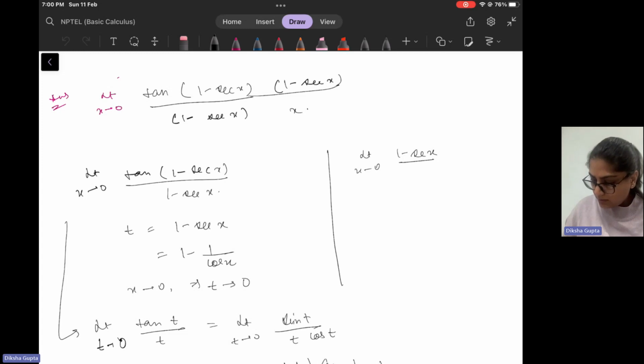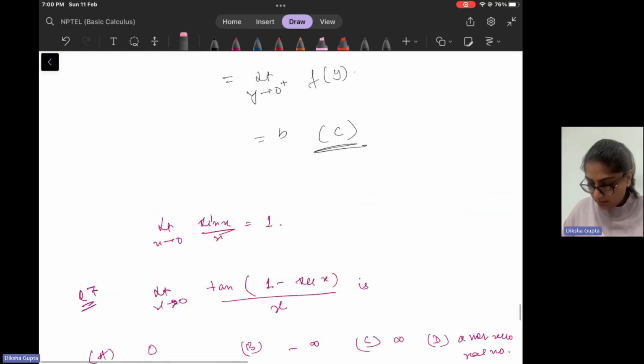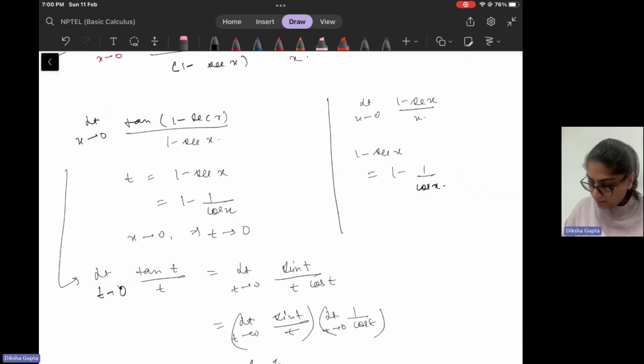Okay, I'm sorry. So firstly see that 1 minus secant x is 1 minus 1 by cos x. We're just trying to evaluate everything in terms of sine, because we have this x lying around here in the denominator. So we want to use this limit, right? So this is cos x minus 1 upon cos x, and using half angle identities, this is minus 2 sine square x by 2 by cos x.